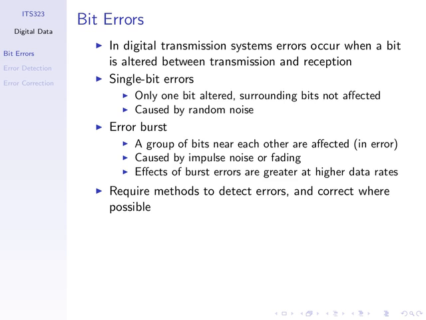Because if this was representing 0, 1, 0, 1, 1, 1, 0, 0, 1, then what's received? Okay, high level, bit 0, 0, 1, 0, 0, 0, 0. 3-bit errors in this case. Just for that example.